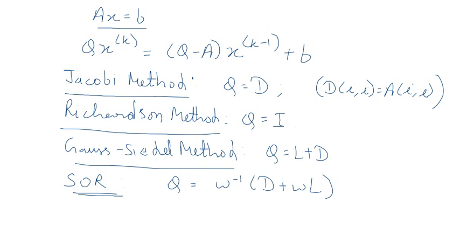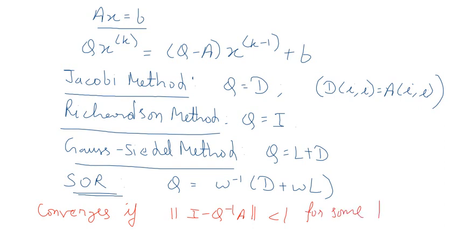Okay, so if I wish to write it, the convergence is guaranteed, the method converges, if the norm of I - Q inverse A is less than 1 for some subordinate matrix norm. Note that this is a sufficient condition, not necessary.